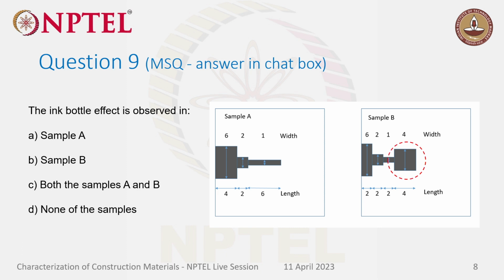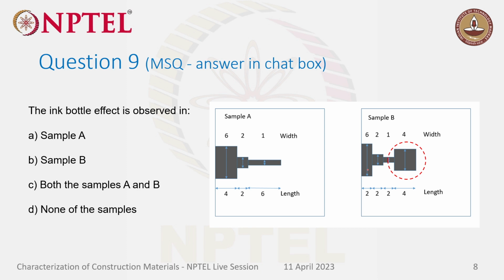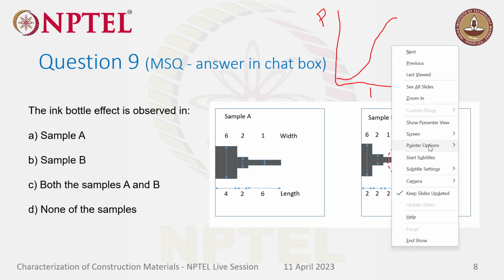So when it comes to ink bottle effect, here we assume the pressure. You take the diameter here and we'll take pressure here. I think I'm drawing the diagram wrongly.